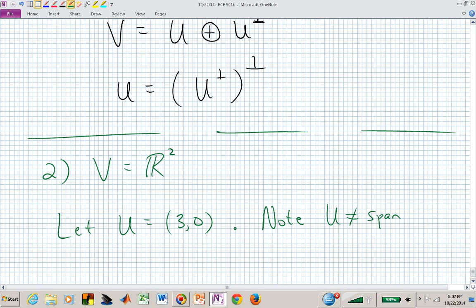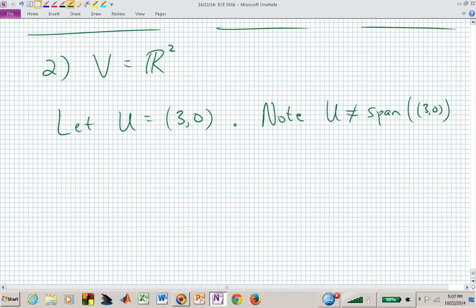So we're not saying that U is the span of (3, 0). We're just saying it's a subset of the x-axis. Then what do we know about U perp?